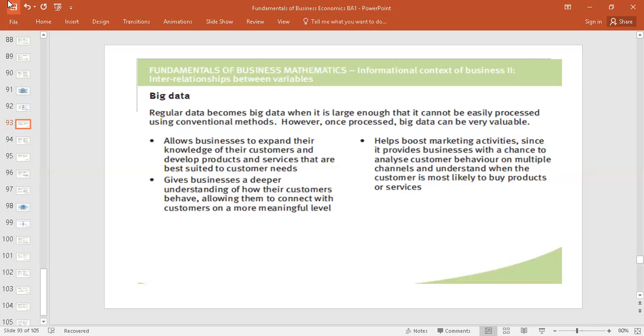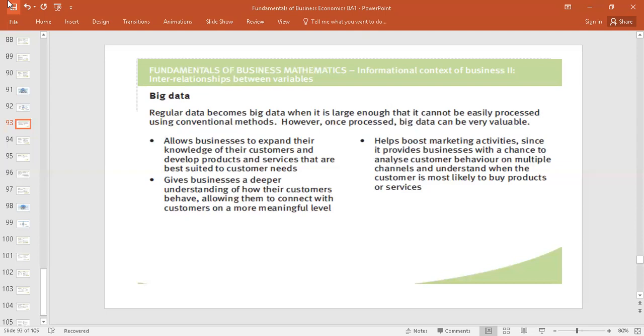When the size of the data becomes big, why is it collected? The first point, data is collected, it should be accurate, relevant, etc. All that is processed into information, then analyzed. Analysis is useful for decision making. So this big data is also useful for analysis and decision making.